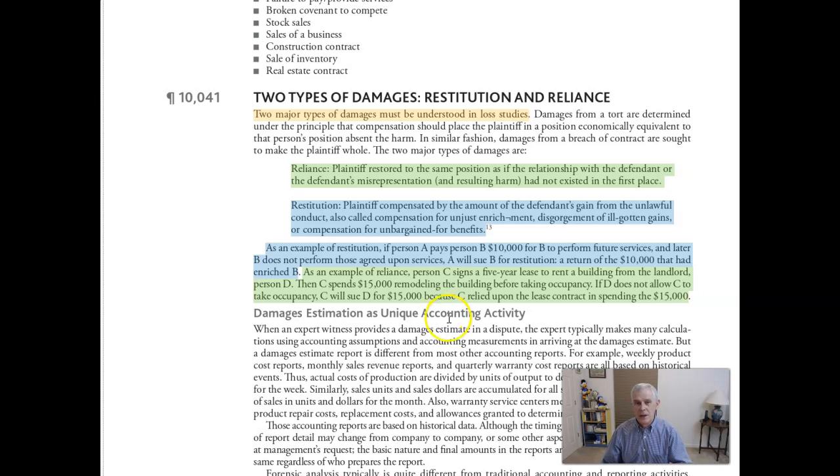Okay, so you see that? This is the reliance. I relied on you in the contract. I spent money, maybe did not give money directly to you, but I spent money out the door. Then you did not live up to your end of the bargain, the contract. I'm suing you for this reliance. Okay.